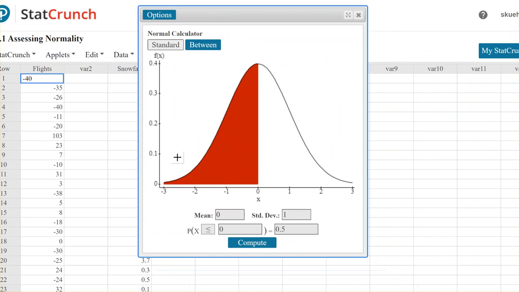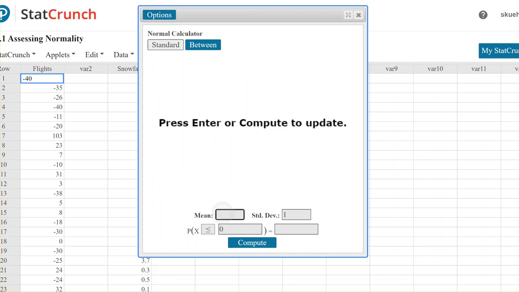We have already written on our paper the mean that I'm interested in, 63.8. I have a standard deviation according to the problem of 2.6, and I'm going to change my probability statement here. So I want to look for greater than.